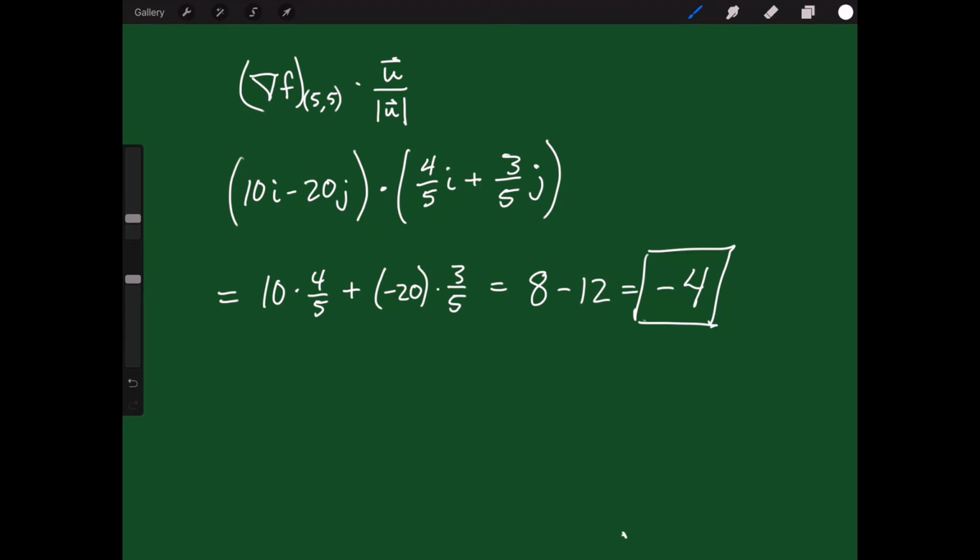So it's the derivative in a certain direction at a certain point. And so we can calculate not only the change in the x direction and the y direction of this function, we can calculate a change in any direction. We just have to know the gradient at that point, and we need to know the direction in which we want to take the derivative. And if you know those two things, you can find that directional derivative, which is pretty cool.